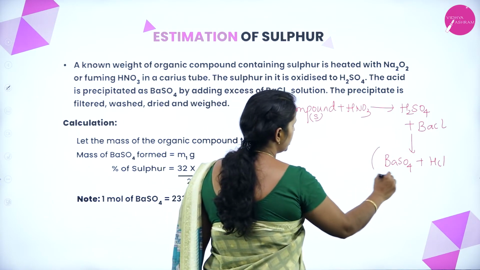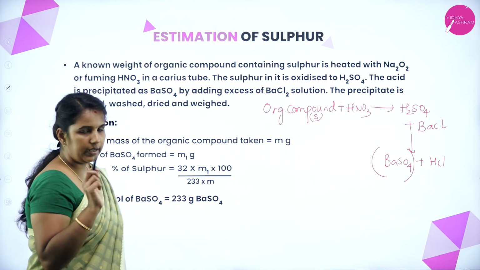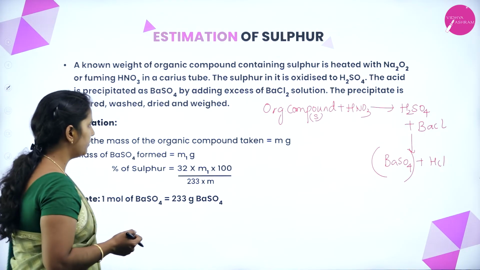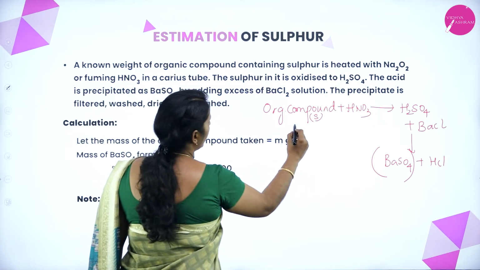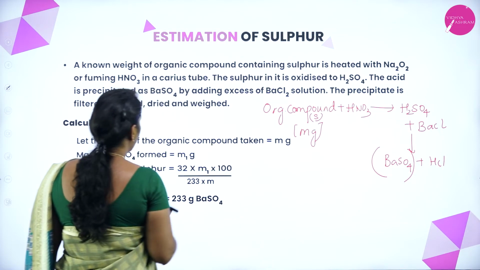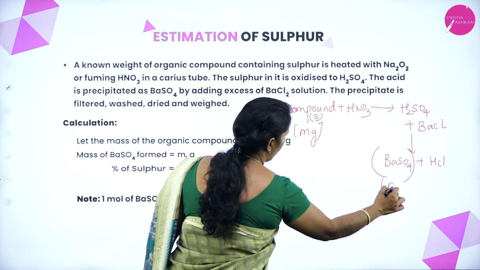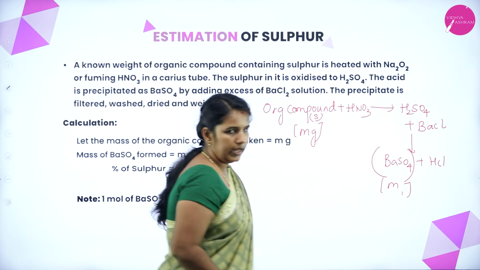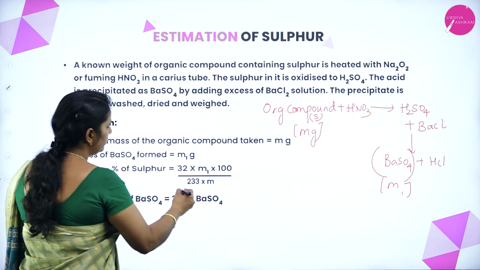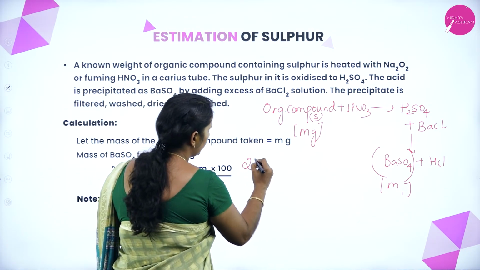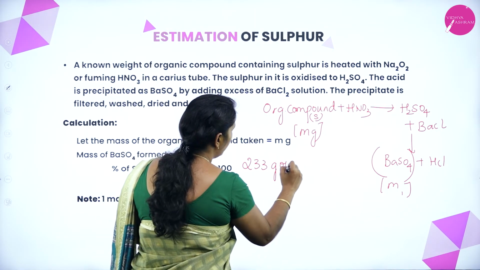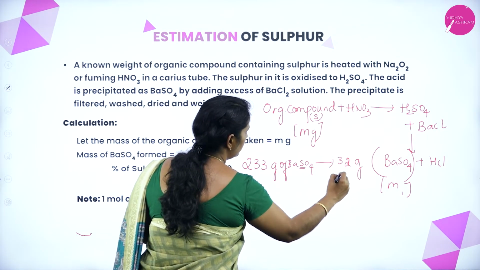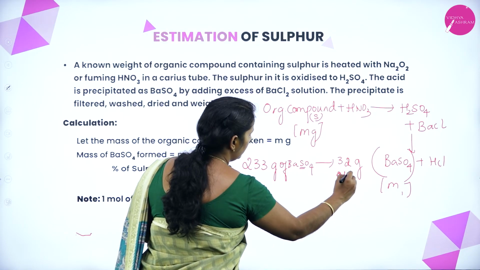By knowing the mass of this barium sulfate, which contains a certain percentage of sulfur, we can easily calculate the percentage of sulfur. I consider the mass of the organic compound as m gram, and the mass of the barium sulfate formed as m1 gram. To derive this equation, I need the molecular mass of barium sulfate, which is 233. Write the stoichiometric equation: 233 grams of barium sulfate contains 32 grams of sulfur.